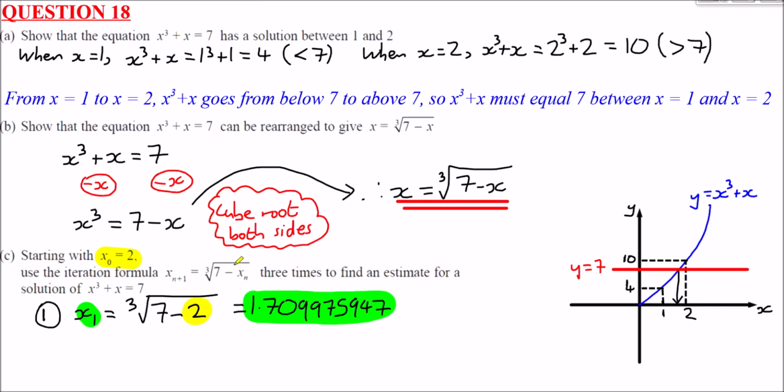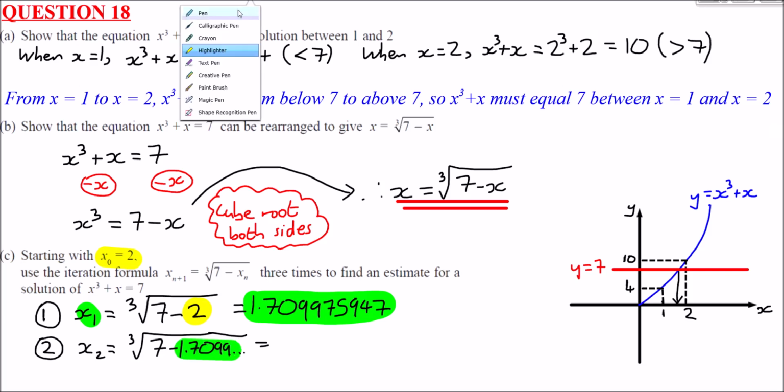We need to do this 3 times. So the second iteration, we're going to find what x2 is. So x2 is going to be the cube root of 7 minus x1, which is what we just had here. So 1.7099, I'll just put dot dot dot, so the examiner knows I'm using the exact value, not rounding it.